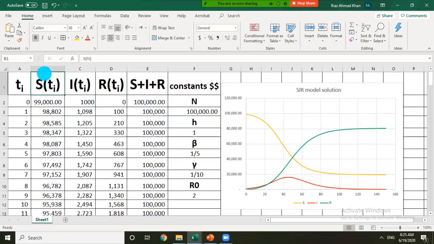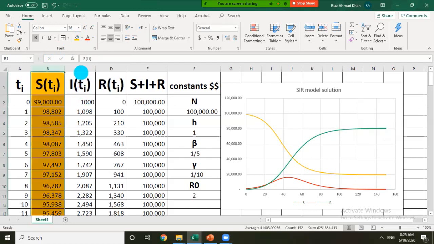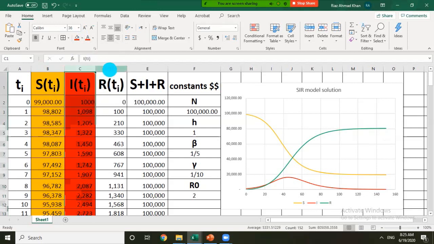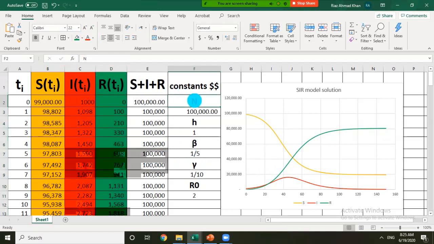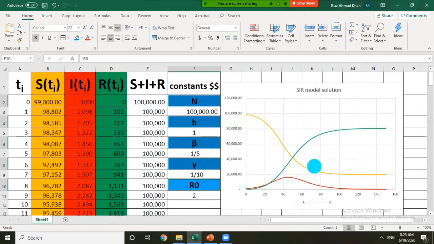We can also use the same colors here. Orange for susceptible, red for infected, and green for removed population. And let us use blue color for this.